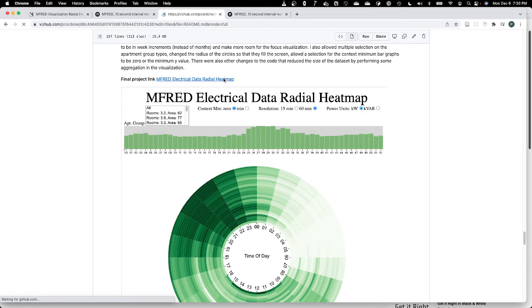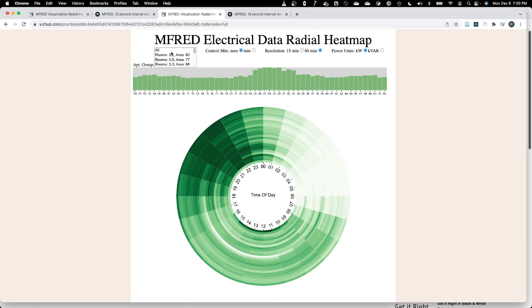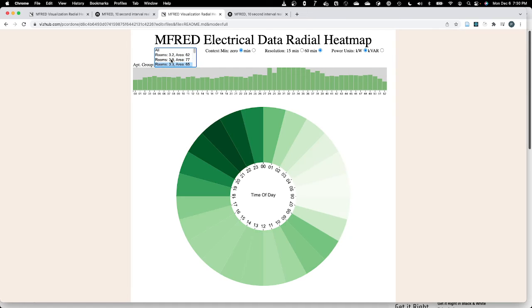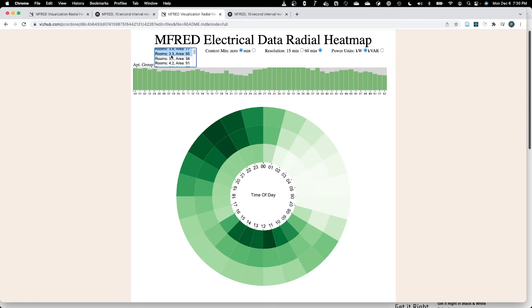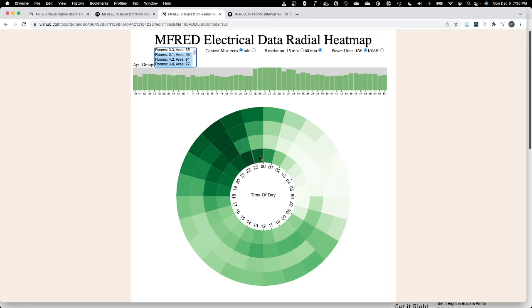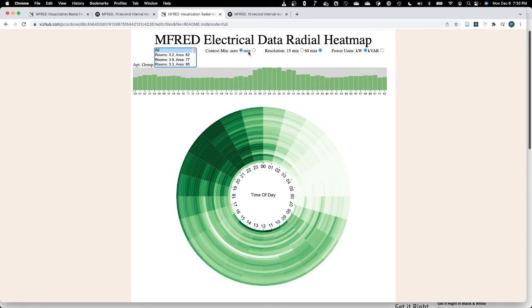I can pop up the visualization here, and you can see that I can select all or individual unit types. I can multiple select the types that I want to compare usage across. So you can see, again, the darker green is heavier electrical usage. You can see I can do brushing here.